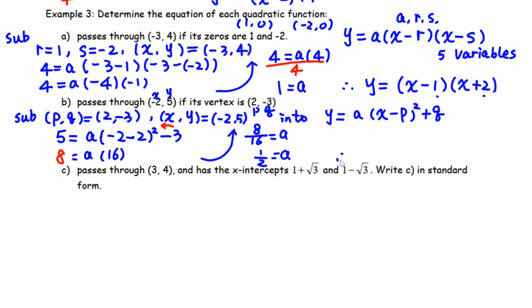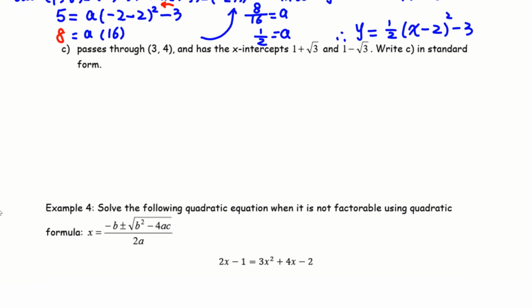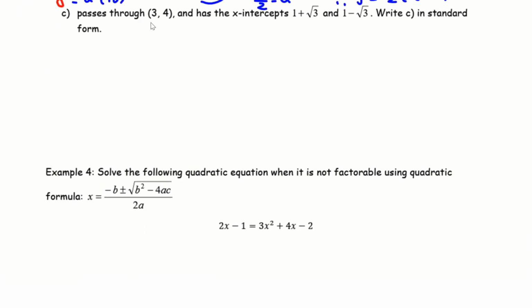Then sub in a, p, q to the vertex form, and you will have 1 over 2 times (x minus 2) squared minus 3. That is that.